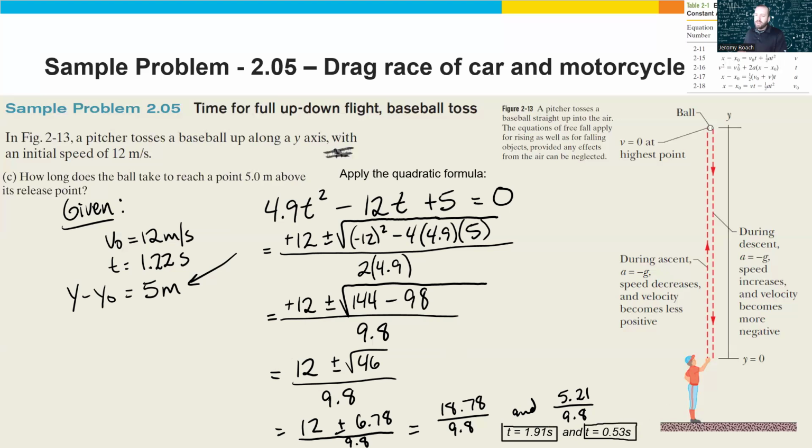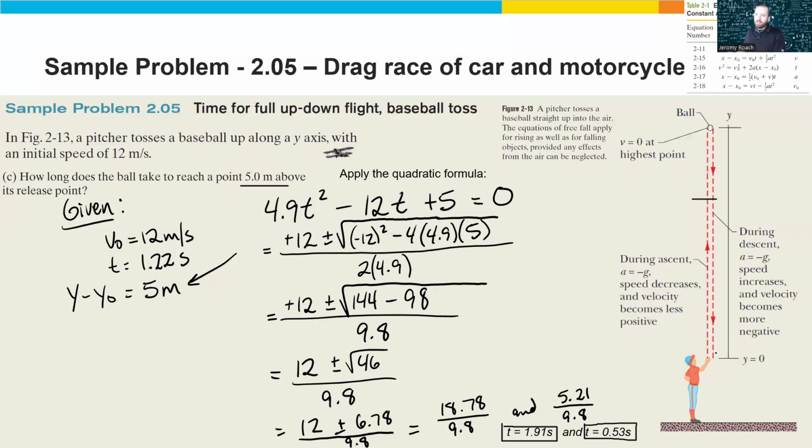Now, you might have been thinking that doesn't make sense, because we just want to know 5 meters above where it was thrown. But it reaches 5 meters at two different places. It's a little difficult to see, but it is a parabola. It's going up and then curving back down.